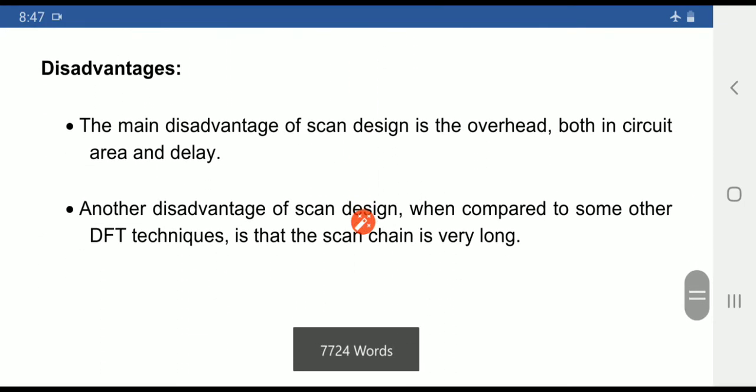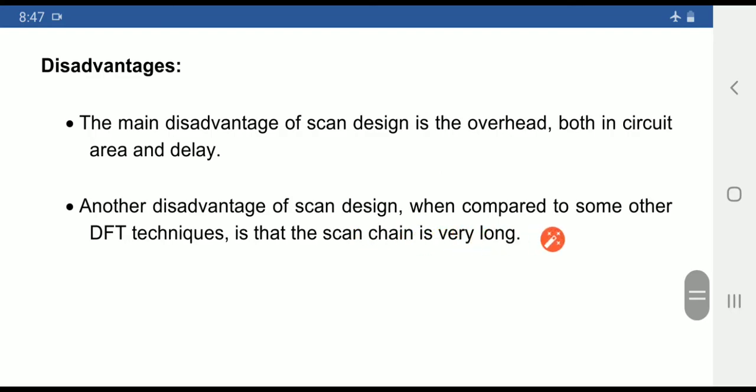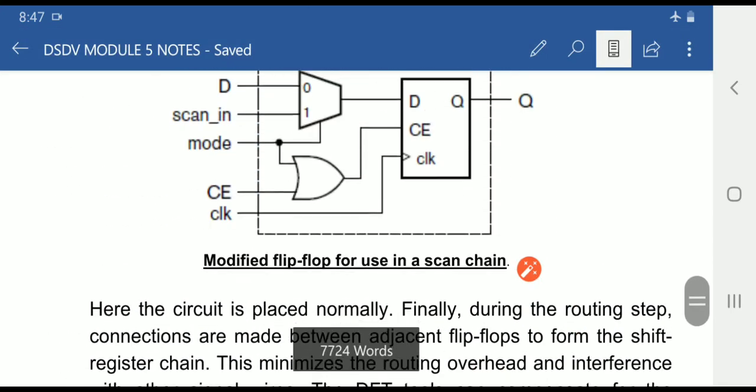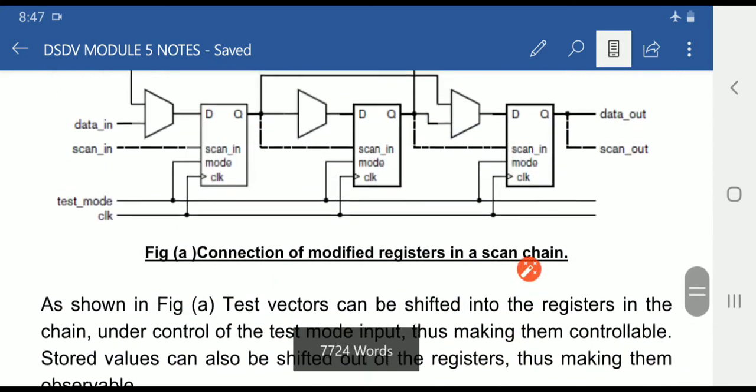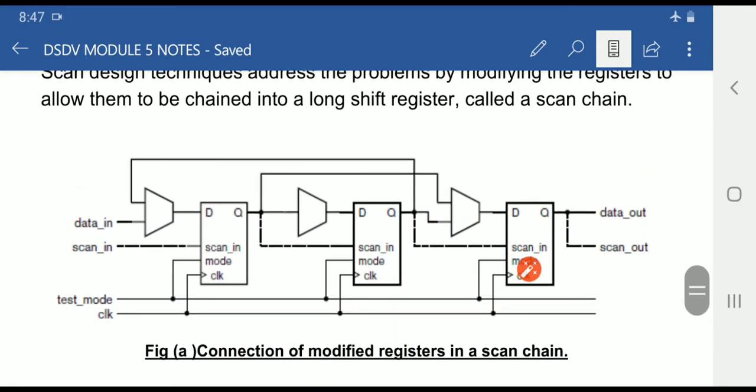Another disadvantage is that, compared to some other DFT techniques, scan design is very long. Because of the larger number of flip-flops connected in a long shift register, it requires more time to compute the results.